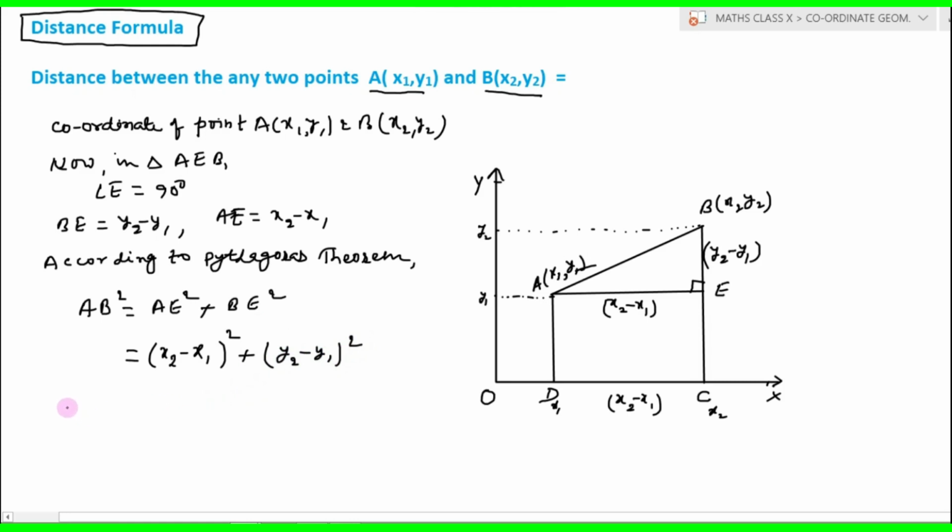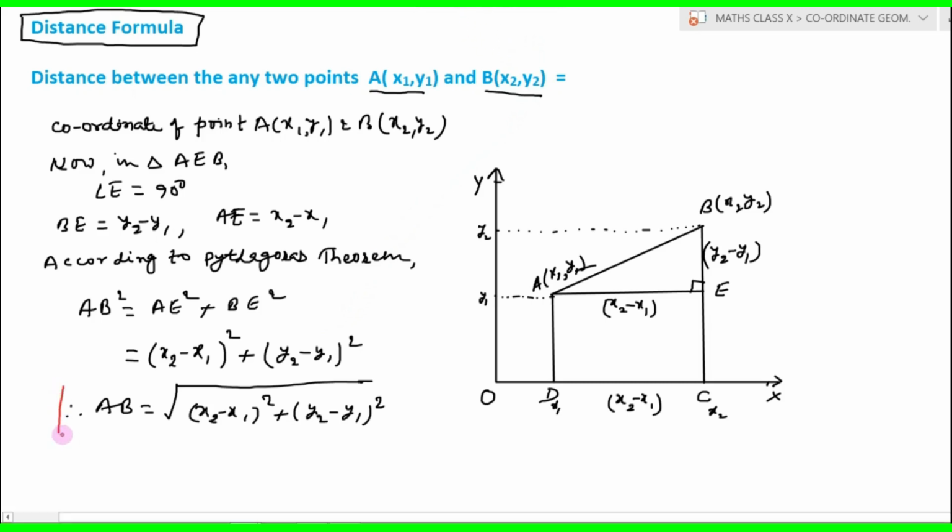If you remove the square, then AB will be equal to the square root of (x2 minus x1) whole square plus (y2 minus y1) whole square, and this is the formula we get to find the distance between the 2 points A and B if their coordinates are given.